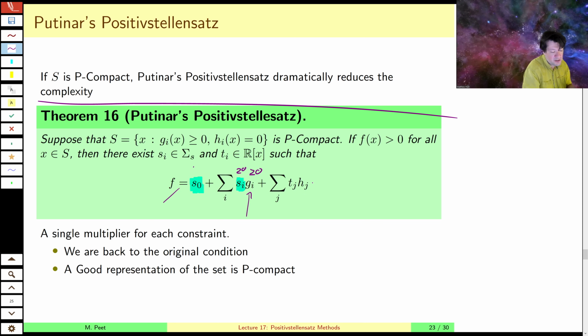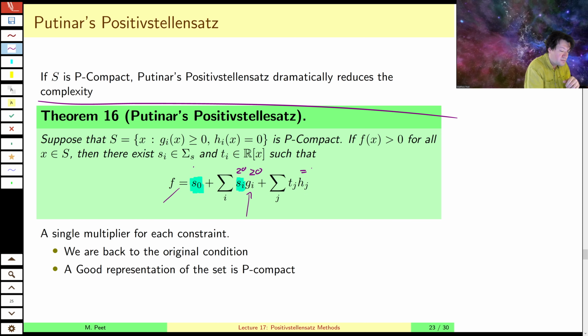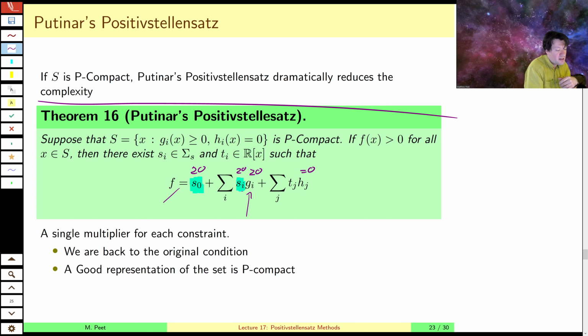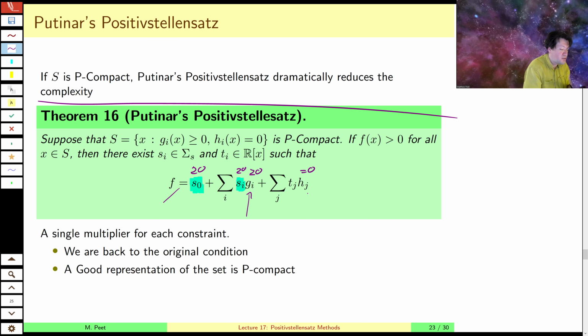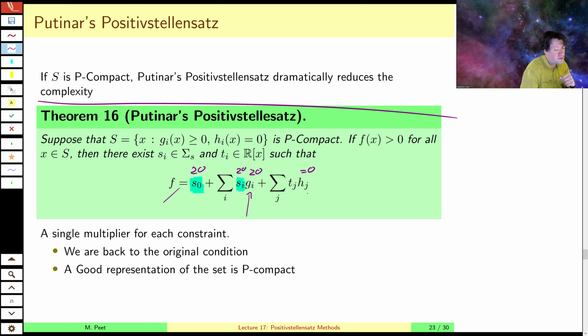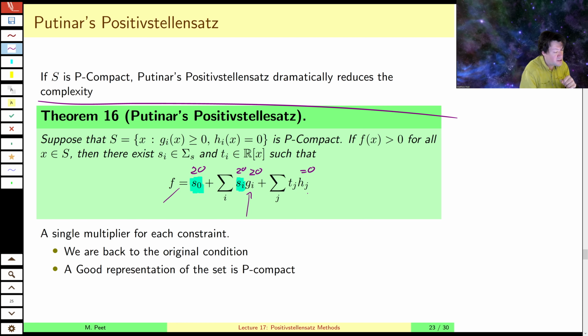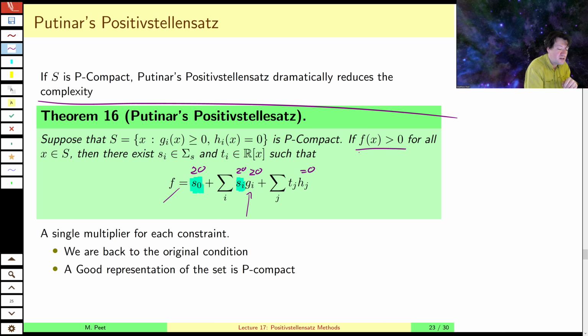We've added the algebraic terms back in here. These are 0, and multiply anything by 0, and it doesn't matter. So it's equal to something which is positive semi-definite, squared, positive, positive, and 0, right? So it's clearly positive on the set. And what Putinar says is if your set is p-compact, then this is actually necessary as well, assuming strict positivity here.